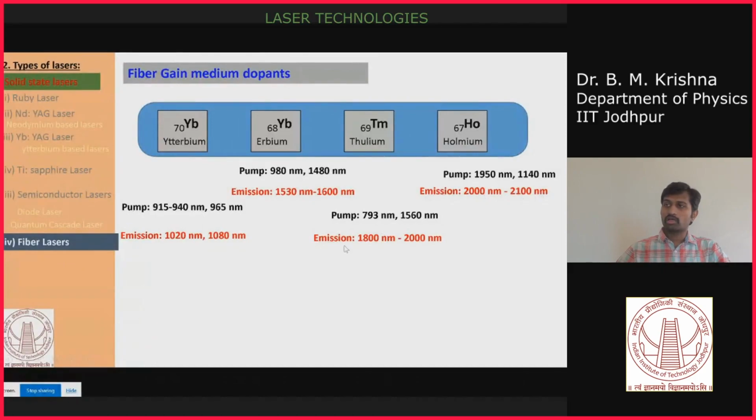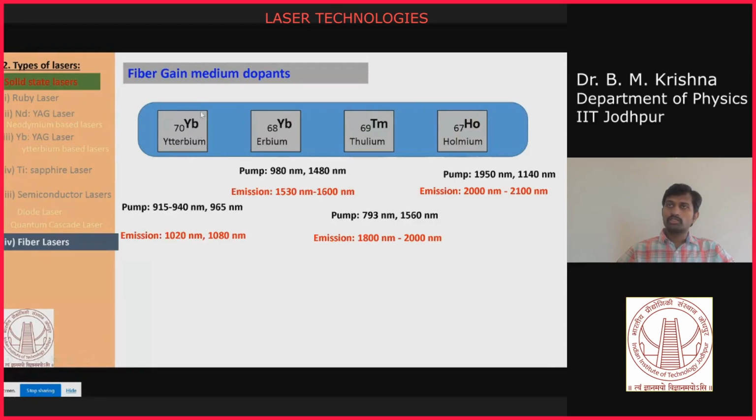You have a nearly continuous range from 1530 to 2100 nanometers, with a gap between 1600 and 1800, but you can cover a range of over 1000 nanometers. One thing you can do is combine any two dopants in the same fiber; the energy levels are matched, so you can actually fill those gaps.